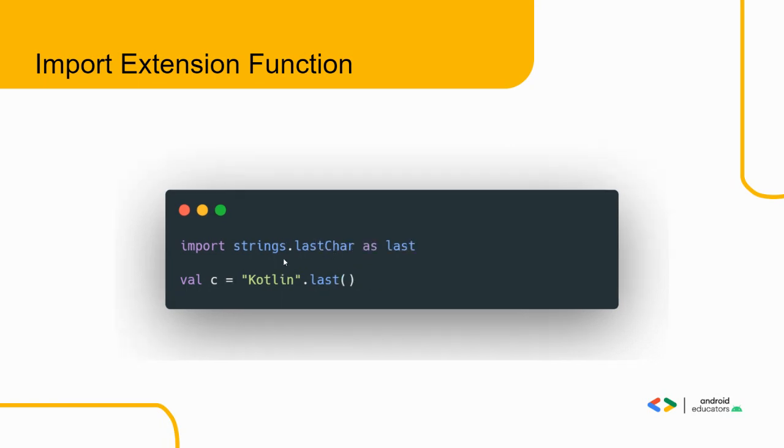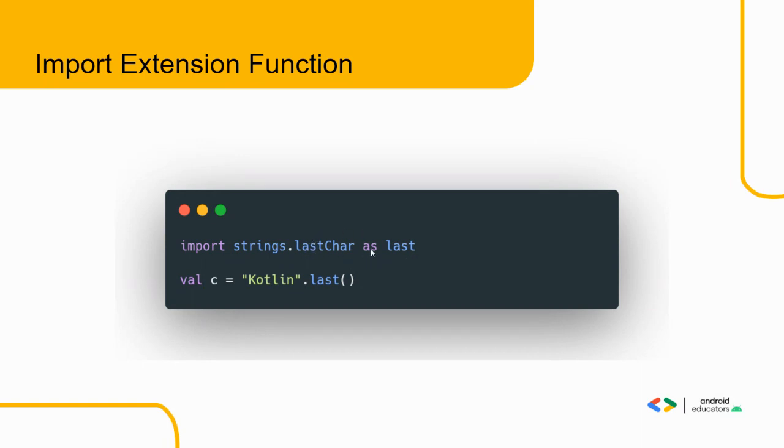And this is a very interesting one. Let's say last char. You have different utility functions named last char, like multiple methods of the same name. How can you avoid the conflict? You can use the as keyword. It gives you the power to use the same function under a different name, such as last.